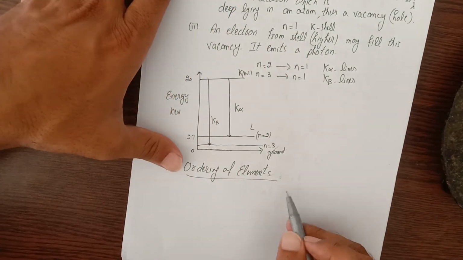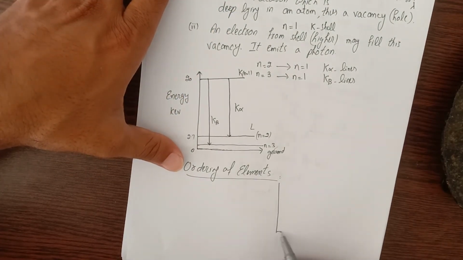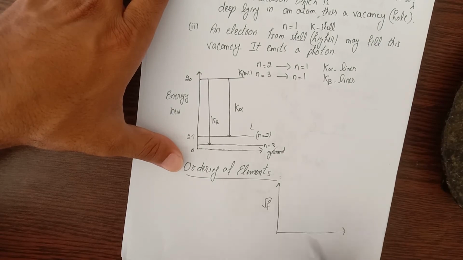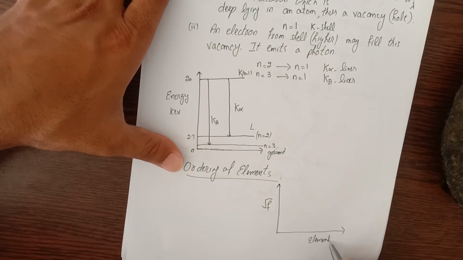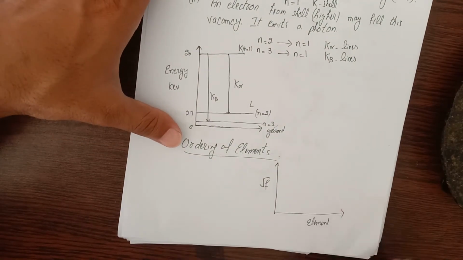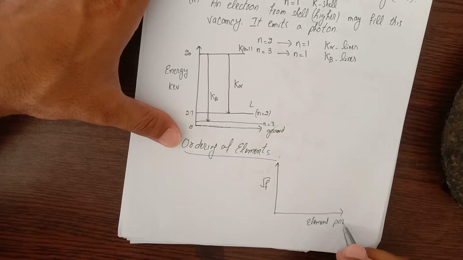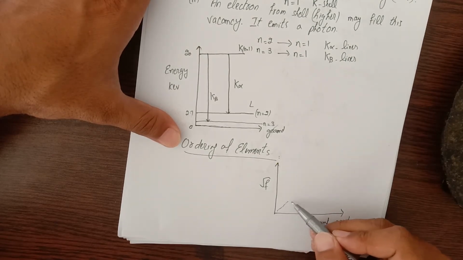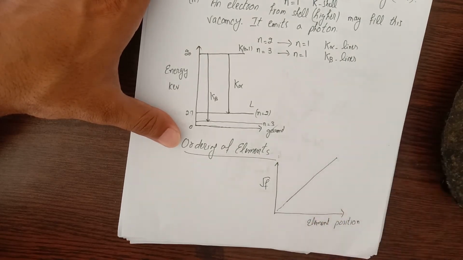He plotted the square root of frequency against the element position in the periodic table, or element number, and he found that it represented a straight line.